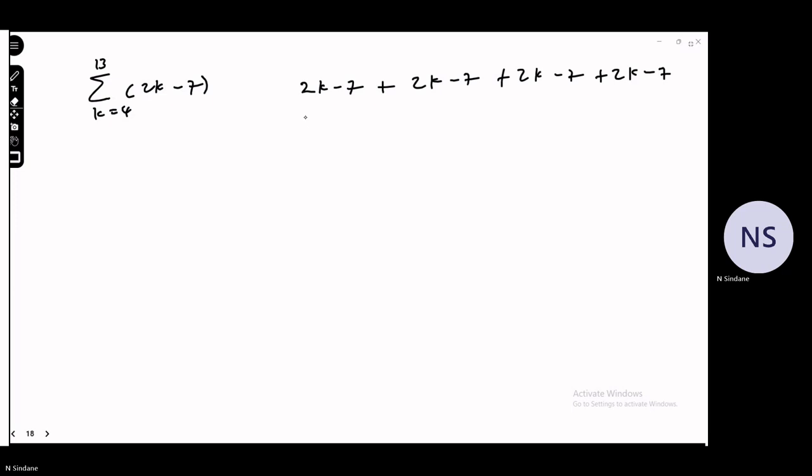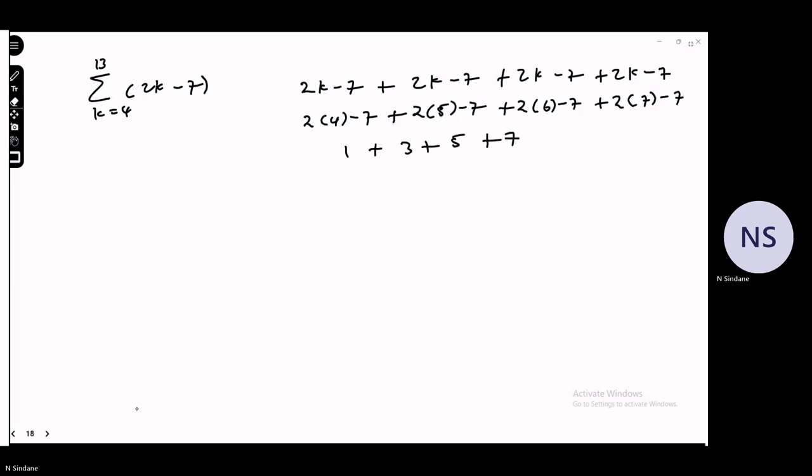The first position is at 4. So this will be 2 into 4 minus 7 plus 2 into 5 minus 7 plus 2 into 6 minus 7 plus 2 into 7 minus 7. Meaning this will be 1 plus 3 plus 5 plus 7. That is what I have.